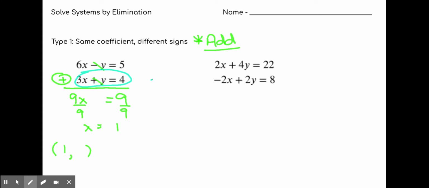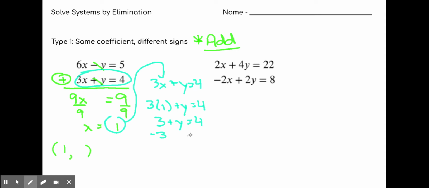And I'm going to take that 3x plus y equals 4, and I'm going to substitute 1 in for x. So we still have to do some substitution just like we did before. So this is 3 times 1 plus y is 4, and now I'm just going to solve for y. 3 times 1 is 3.